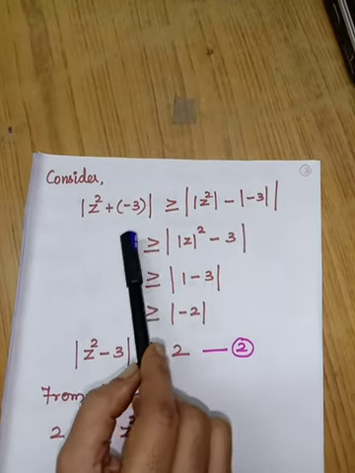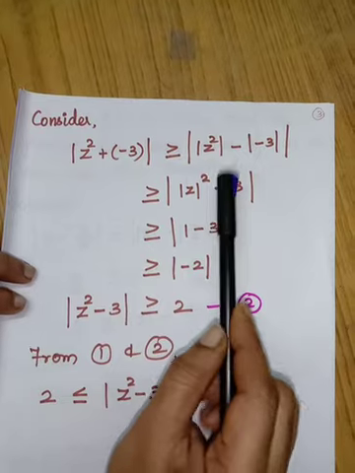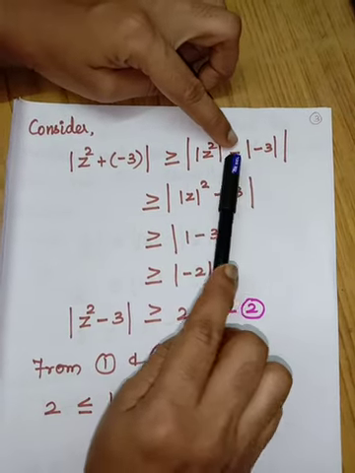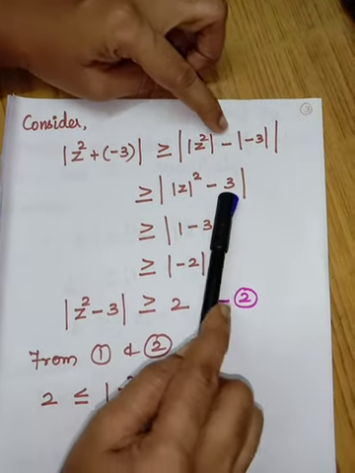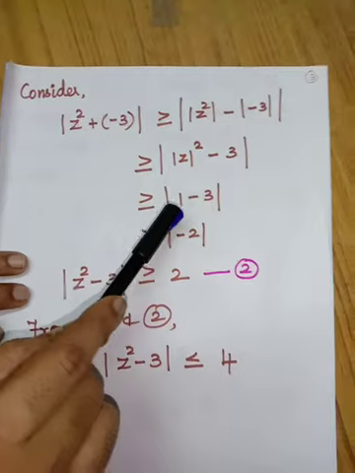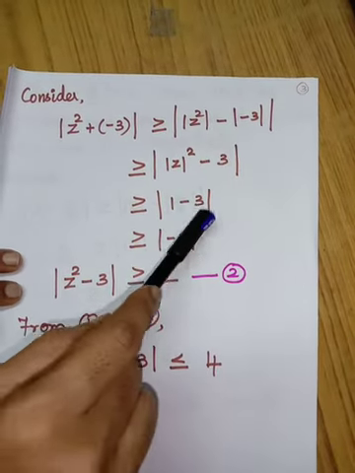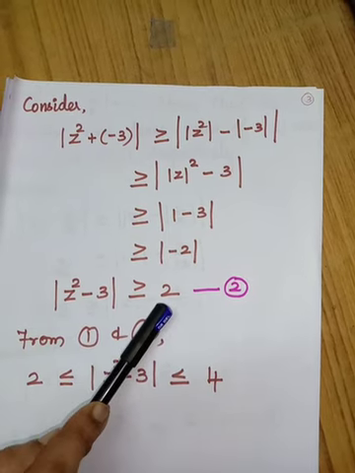So which is greater than or equal to modulus of z squared, here in between you have minus. What is modulus of minus 3? It is plus 3. Okay, so modulus of z is 1. So it is 1 minus 3. What is 1 minus 3? It is minus 2. What is modulus of minus 2? That is 2.